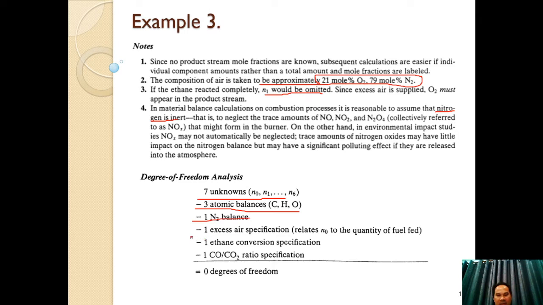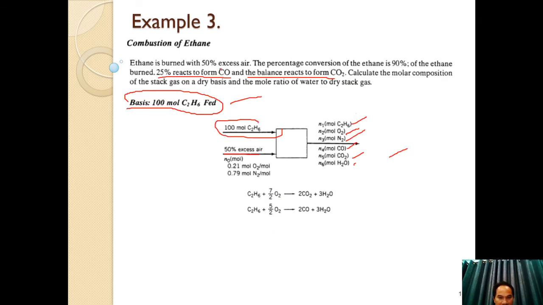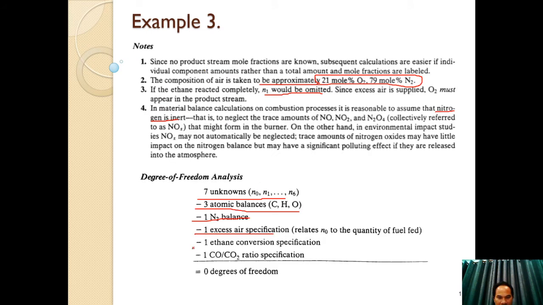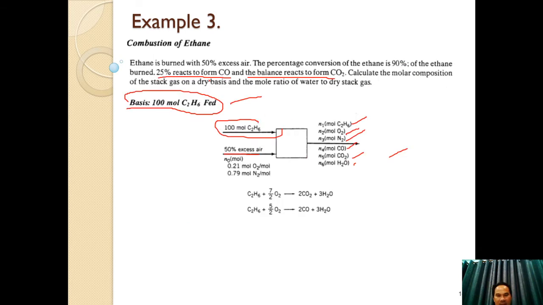And then the information: excess air is 50%, that is one piece of information. And also the ethane conversion. Ethane conversion, 90%, is the second.